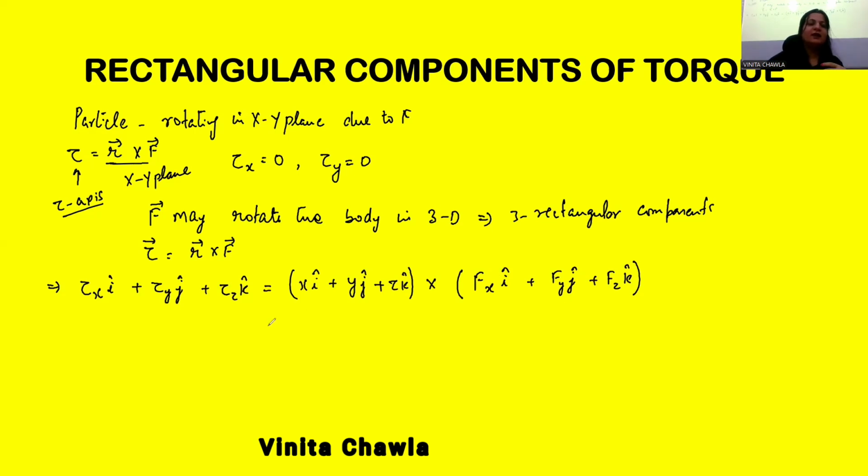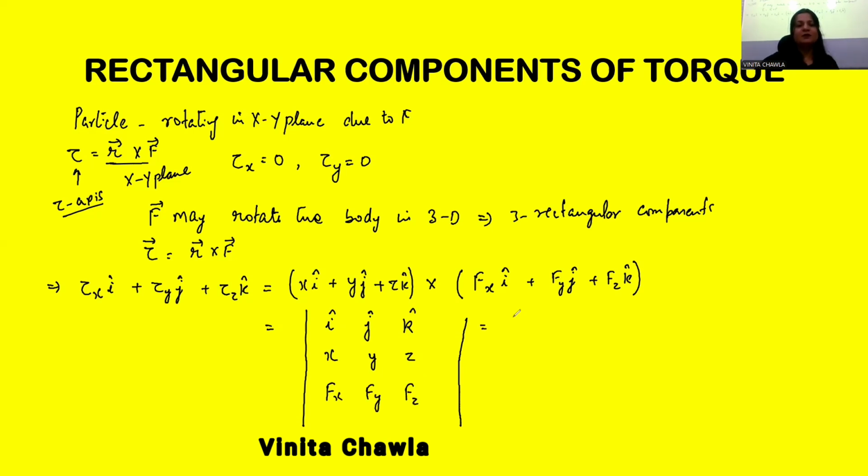We can write this in determinant form. First write i cap, j cap and k cap. Now for vector R we'll write x, y, z. Now for F, we'll write Fx, Fy, Fz.